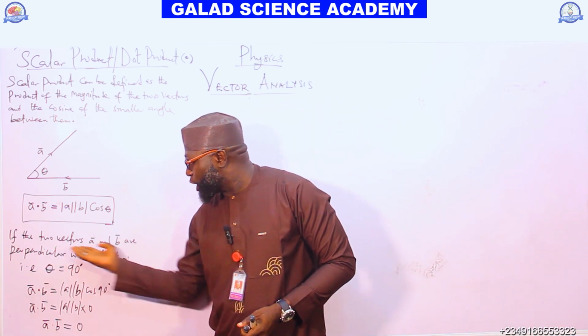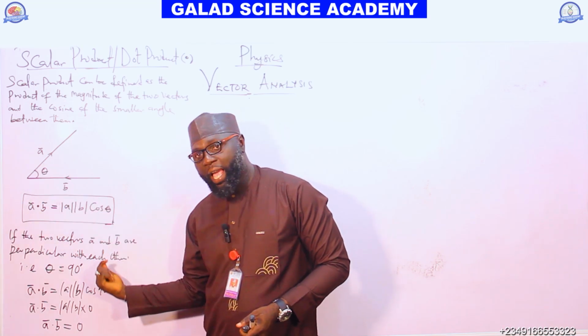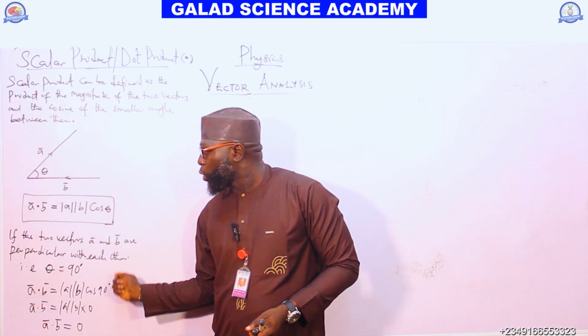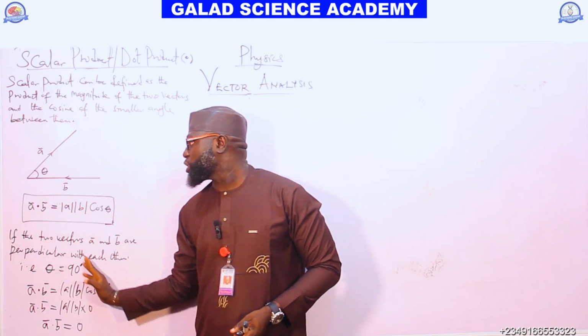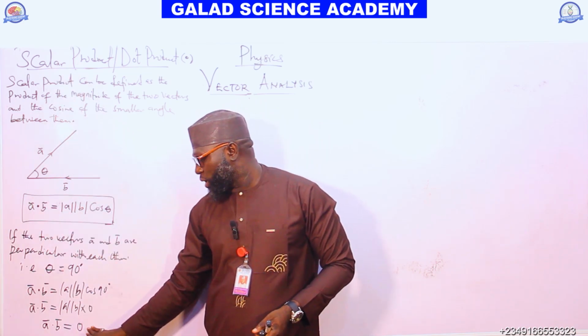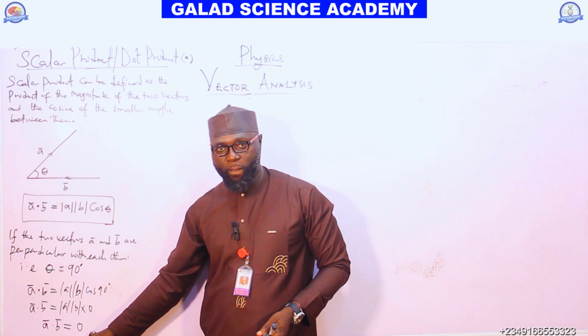So note that when the two vectors A and B are perpendicular with each other, the scalar product of A and B gives you 0 value.